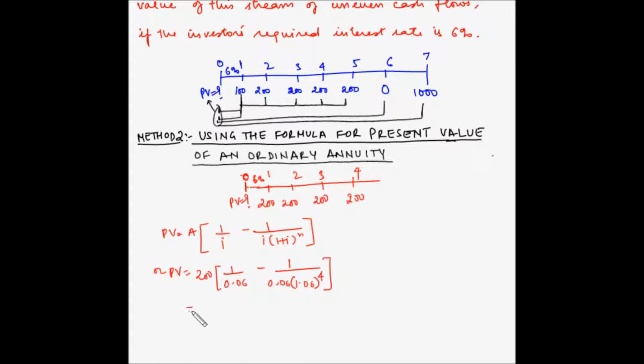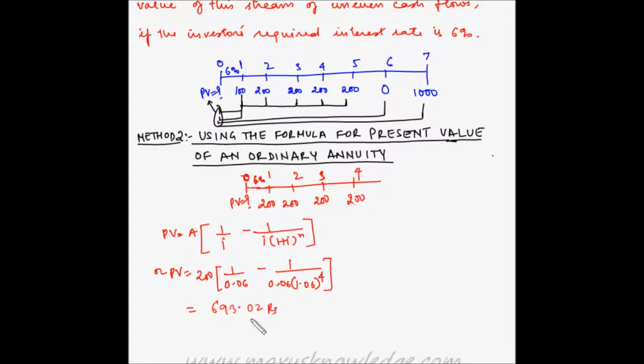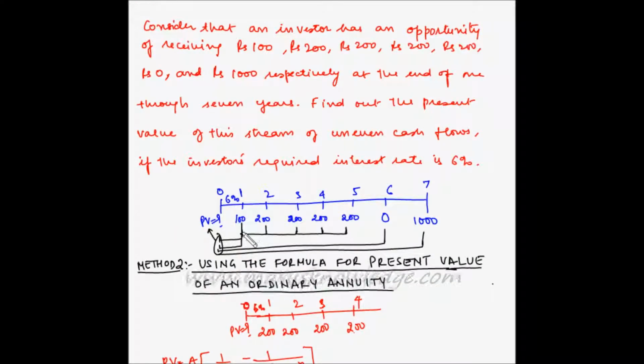So this value comes out to be 693.02 rupees. So this value is at this point here. But in order to get to this point, that is at the beginning of the first year, this amount has to be discounted at 6%.